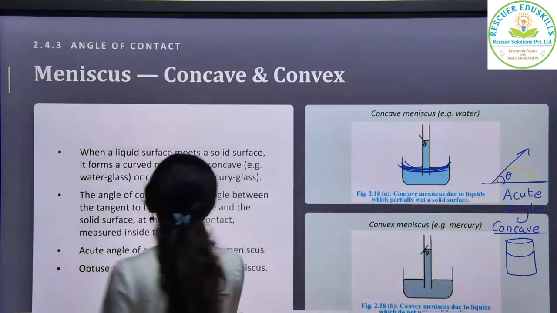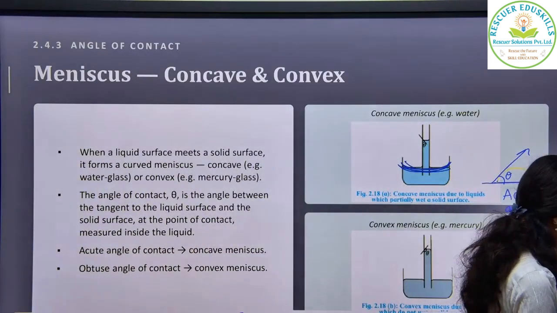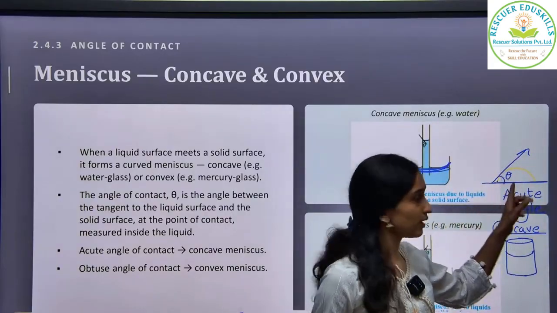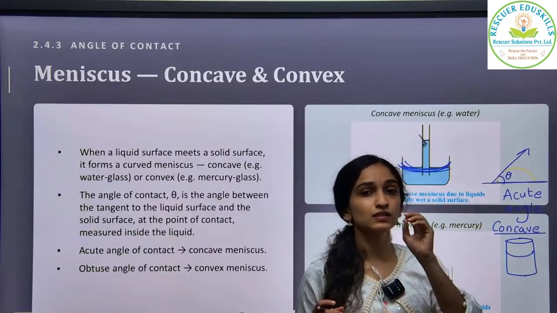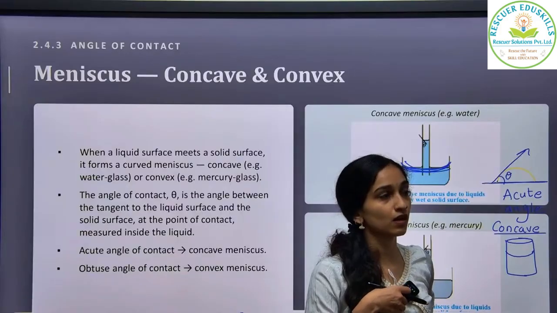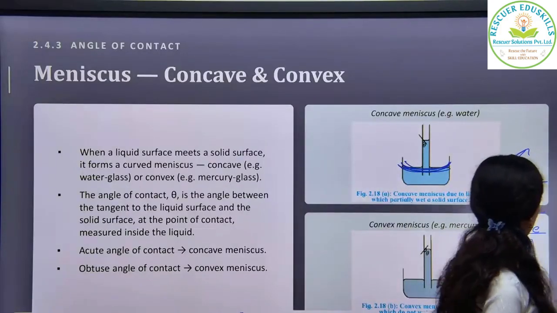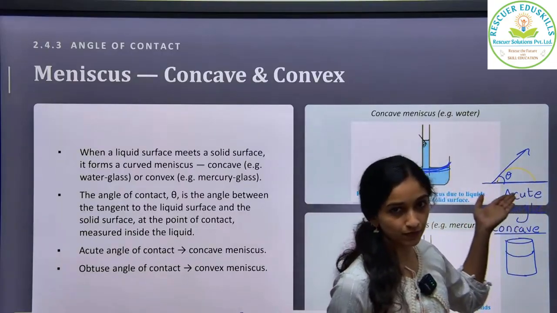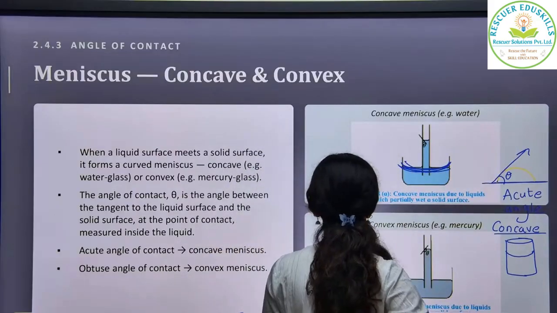Okay, now for the elements or liquids like mercury, what happens? Now this mercury doesn't appear like this. The mercury tries to make the least amount of contact with the surface. So this water droplet, as you can see, is making a large amount of contact with the surface. But mercury doesn't make this amount of contact with the surface.